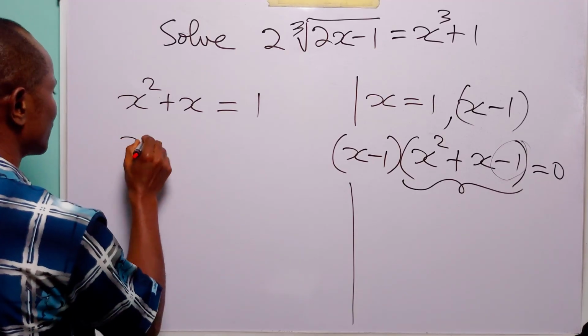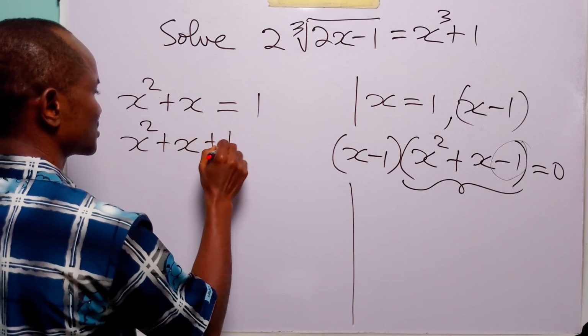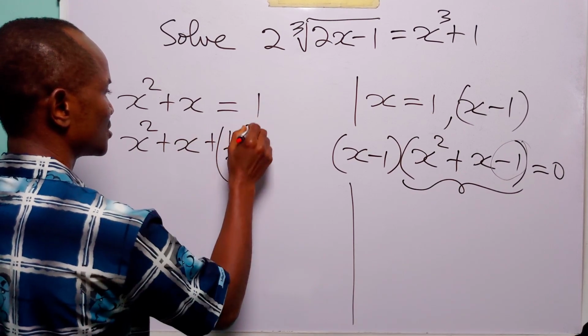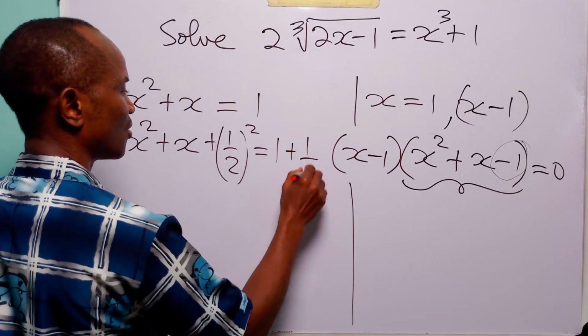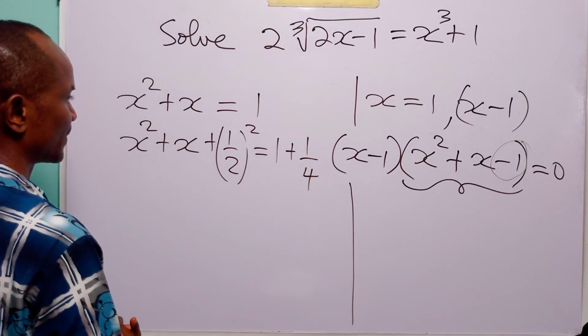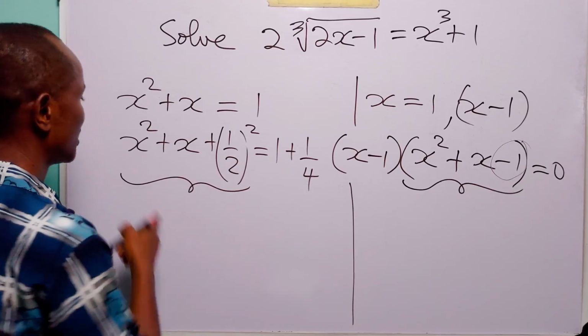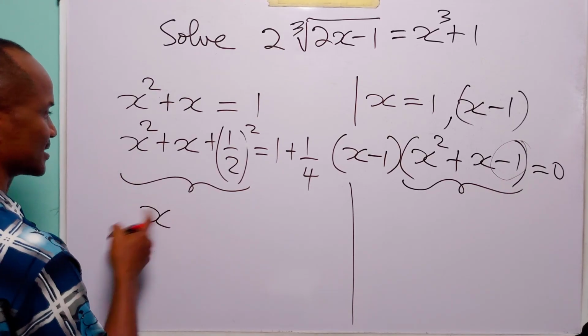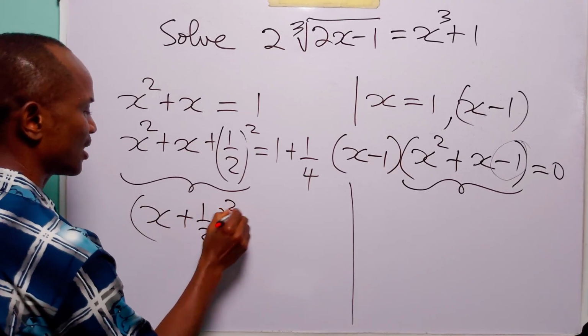So here we have x squared plus x plus 1 over 4 is equal to 1 plus 1 over 4. Now notice that on the left hand side we have a perfect square. So we take x and we take plus half and we square both.